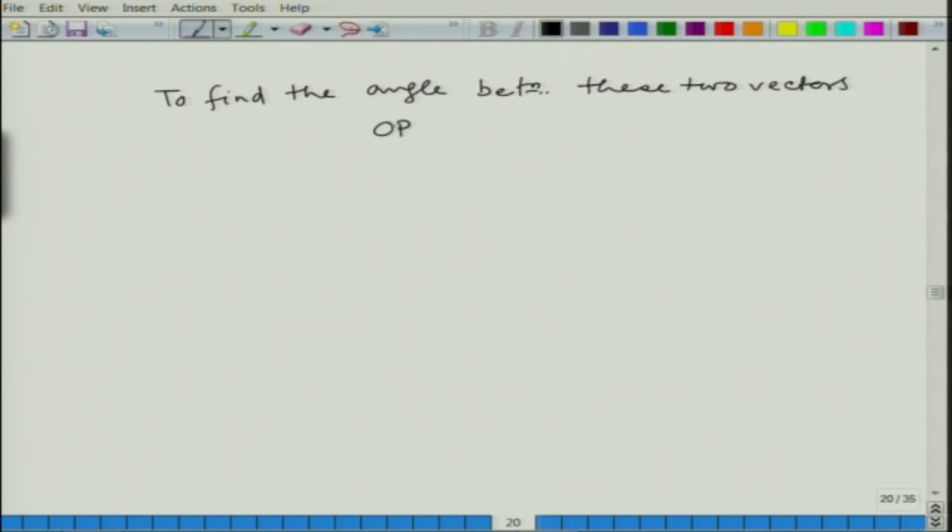One is OP and the other one is IN. Okay. So, how to find that? By taking a dot product. Okay. So, you know the dot product will give you the angle between them in terms of cos.